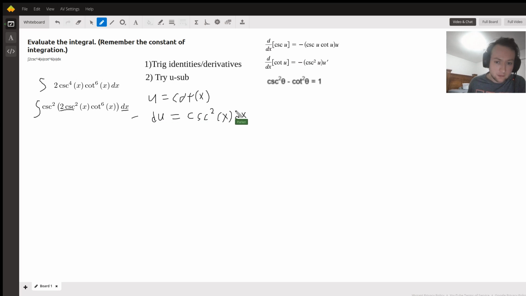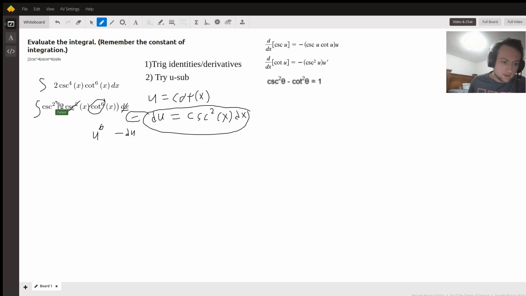What we have over here, du, is equal to cosecant squared x dx. So negative du, and the cosecant squared and the dx cancel out. We have here cotangent to the power of 6. Well, if u is equal to cotangent, then we just have u to the power of 6.